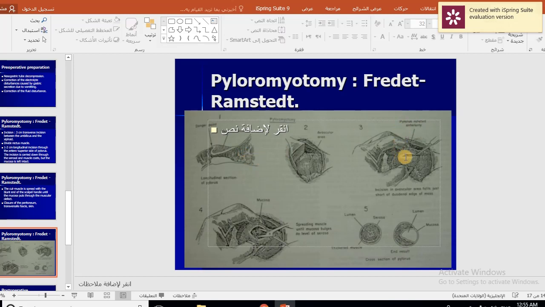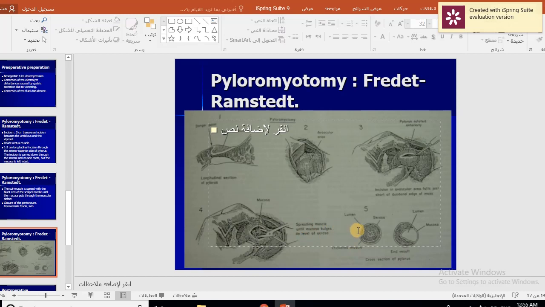This is the incision of the pylorus, and this is the pyloric channel. Here's how we dilate the longitudinal pyloric incision with an artery forceps or with the blunt end of the knife handle.